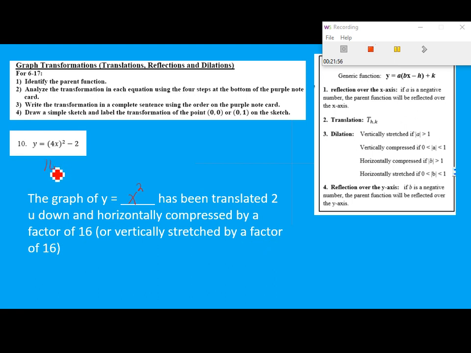So just remember on that one, we could simplify first. To be truthful, what's easiest is always the vertically stretched or vertically compressed, that number out front. So the easiest way was to simplify that first and just see that it's been vertically stretched, made skinnier.